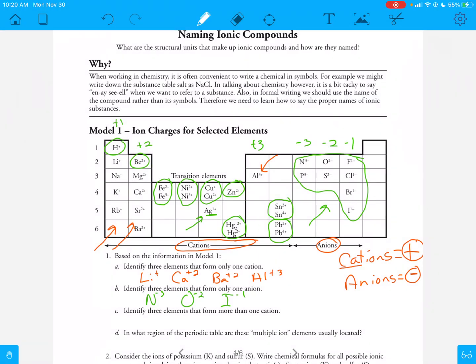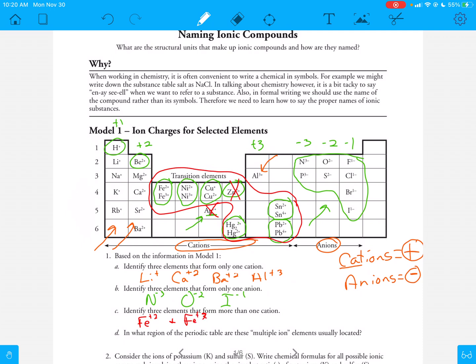Well, if they form more than one cation, now we're talking about these guys right here, okay? Any of those, except for zinc, of course. Zinc only forms one cation, and so does silver. So in this case, I could say Fe forms a +2, and Fe with a +3.